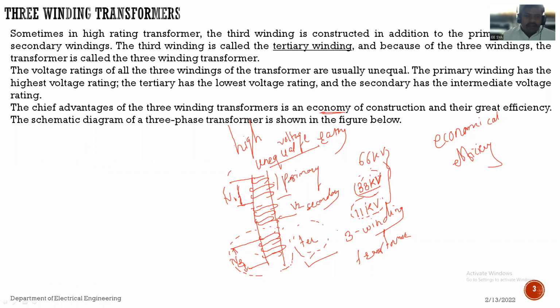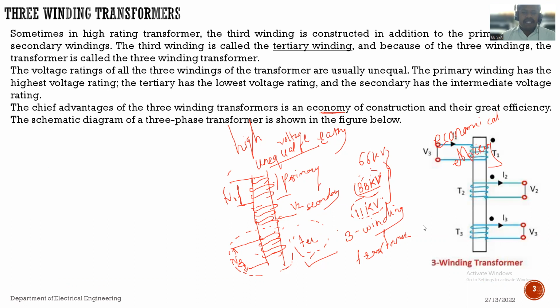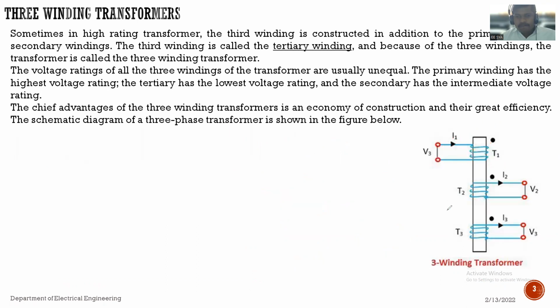Okay, see the schematic diagram I have already shown, but I will show the diagram also, that is the schematic diagram of the three winding transformer. See here, the same diagram I have also drawn here, but for our understanding purpose, here is a 3-winding transformer. It can be constructed. Suppose this is one of the limbs of the transformer.